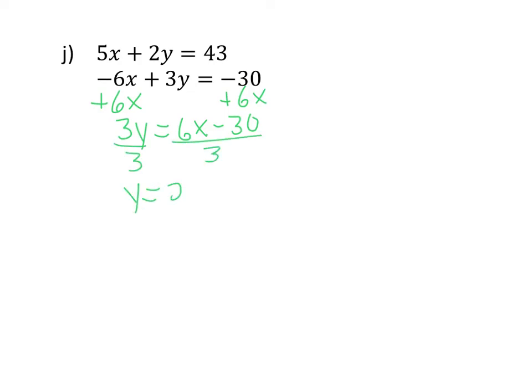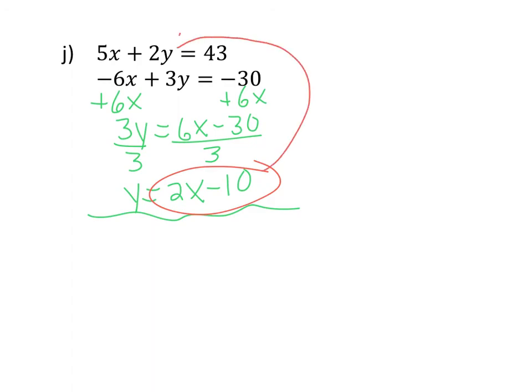Y equals 2x minus 10. I'm going to take this and plug it into now the first one, because I rearranged the second one. And we have 5x plus 2 times the quantity of 2x minus 10 equals 43.